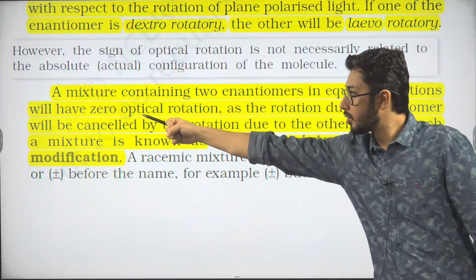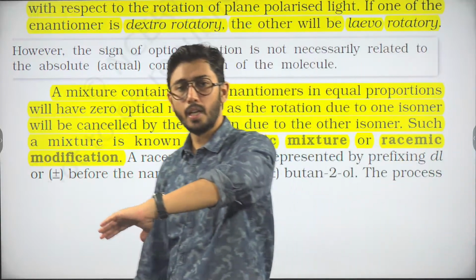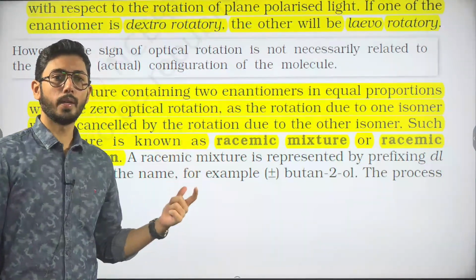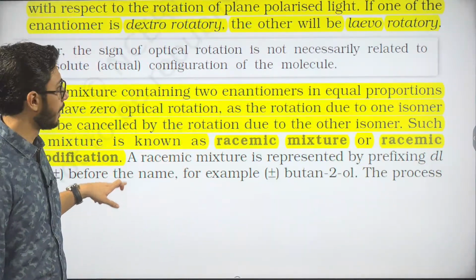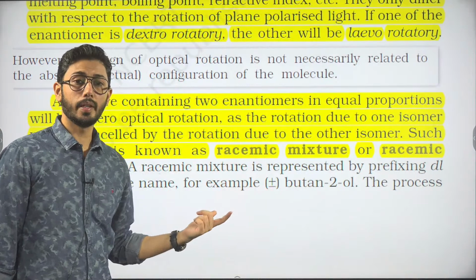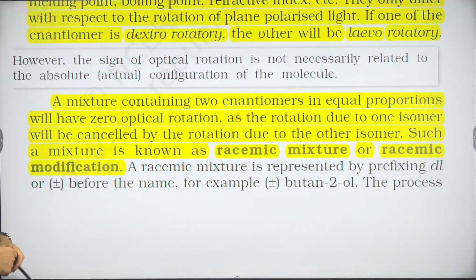The overall solution becomes optically inactive, because if one is plus 100, the other is equally minus 100. So a racemic mixture is overall optically inactive. The example given is butan-2-ol plus minus, where plus minus represents a racemic mixture of butan-2-ol.